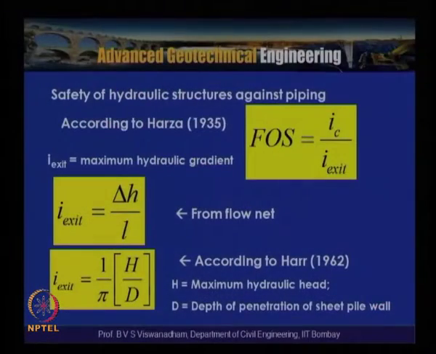According to Harza 1962, the exit gradient can also be estimated as 1 by pi into H by d, where H is the maximum hydraulic head and d is the depth of penetration of the sheet pile wall. One can determine it from the flow net or calculate it this way. Once we know the exit gradient and the critical hydraulic gradient, this is another way of estimating the factor of safety against piping.